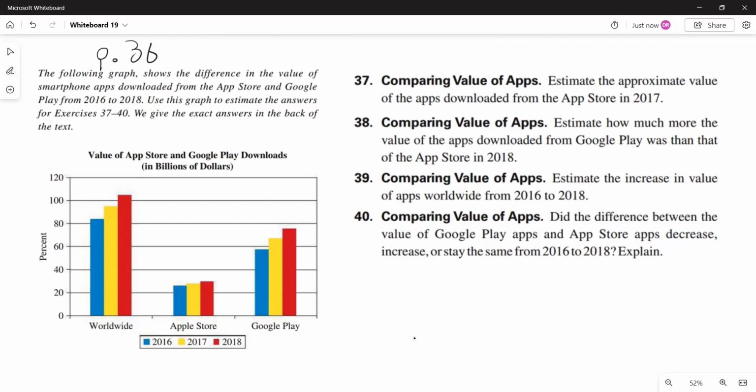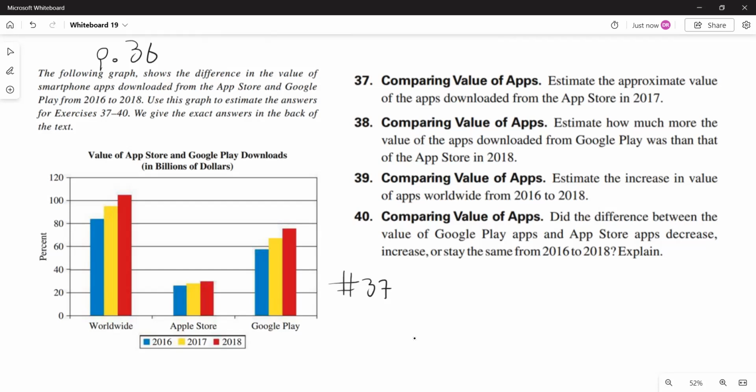Okay, so question 37. By using the graph, estimate the approximate value of the apps downloaded from the App Store in 2017. So from the Apple Store in 2017, that's going to be the yellow bar, and we can see a number between 20 and 40.